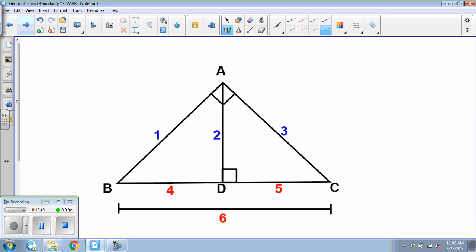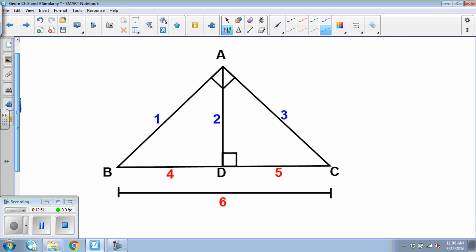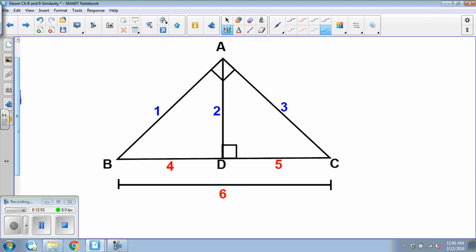And you don't have to write this down. This is just so we can make sure that you understand. So the 1, 2, and 3 are not lengths. That says segment 1, segment 2, segment 3, segment 4, segment 5, and the whole bottom is segment 6. They're not measurements. I don't want you to go back to your notes and look at this and go, well, wait, 4 plus 5 doesn't equal 6. They're not measurements. They're just labels, segment labels.